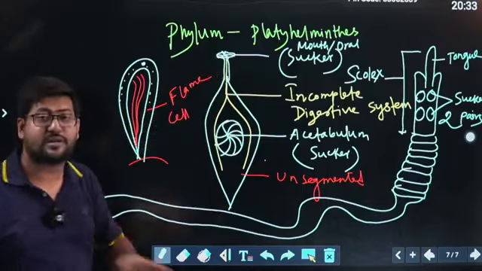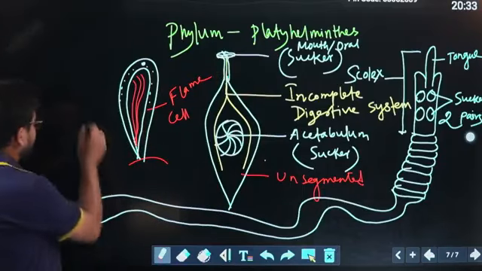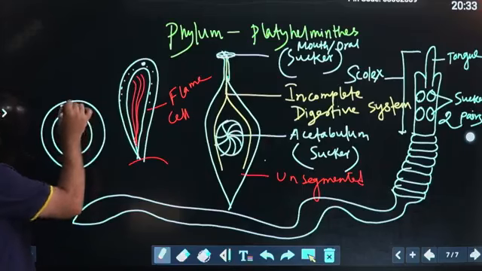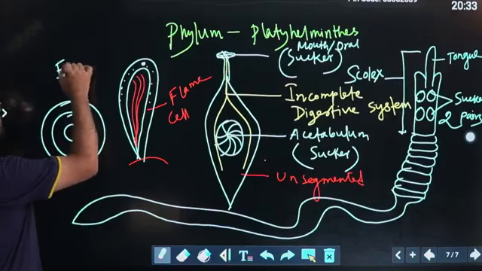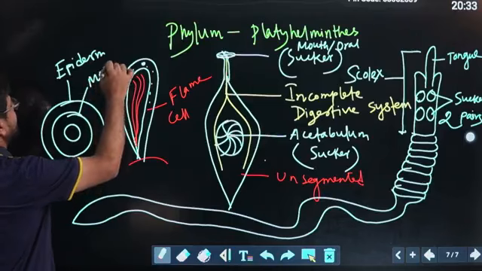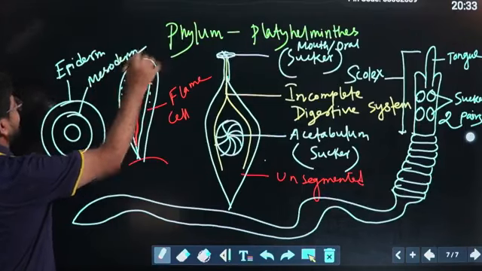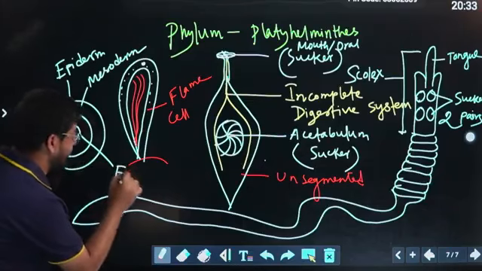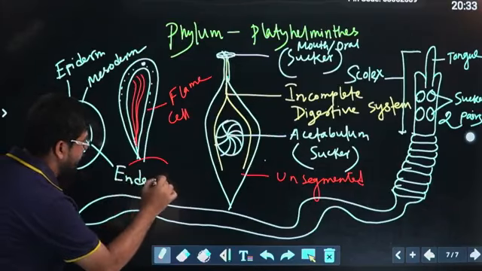These animals are triploblastic. That means at the embryonic stage you will see three germinal layers. The outer layer is called ectoderm, the middle is called mesoderm, and finally the layer inside the structure is called the endoderm.